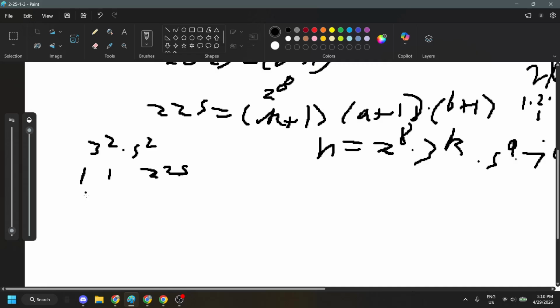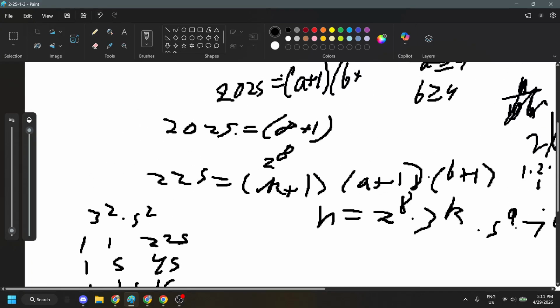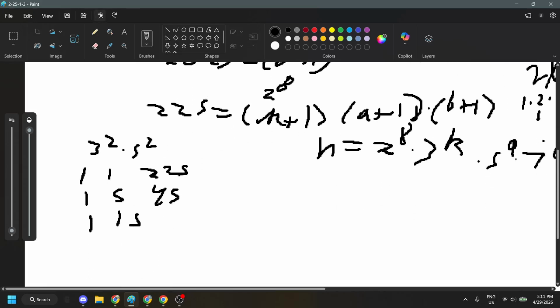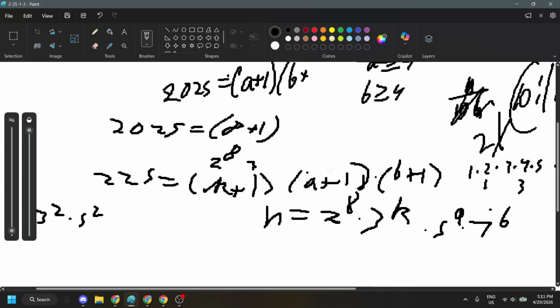We could have 1, 5, 45, 1, 15. We could have a lot of things, really. We just know that this has to be greater than the fifth one.